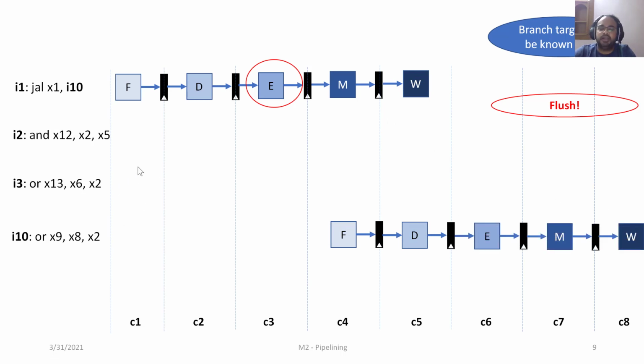So because of this particular control instruction, we had to flush the pipeline of instructions I2 and I3, potentially introducing two bubbles in the pipeline. These two bubbles can be counted as branch penalty, or here it's a jump penalty.